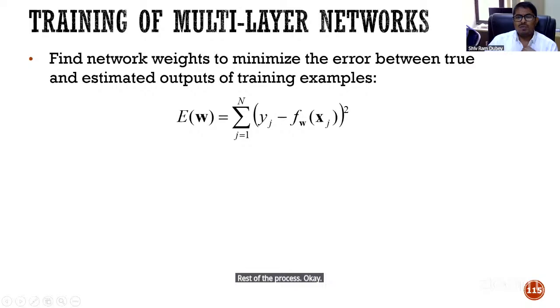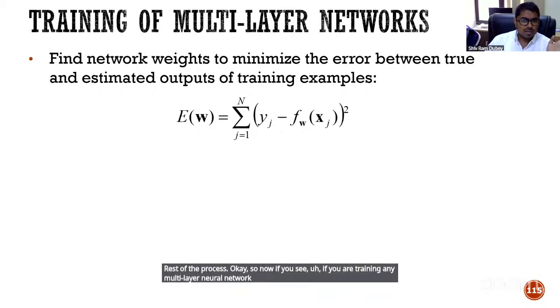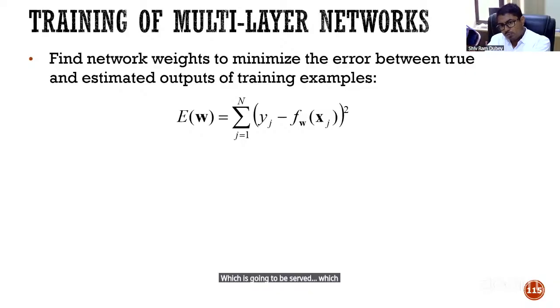Now, if you are training any multi-layer neural network, in general, we first do the forward pass. In the forward pass, we give our input, and in every layer we compute the hidden representation H, which serves as the input to the next layer. Like that, we keep computing. At the end, we have the classifier that finally gives us the loss function.